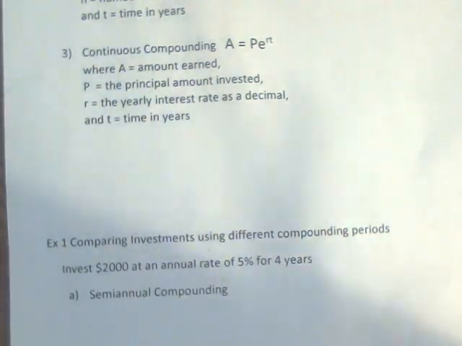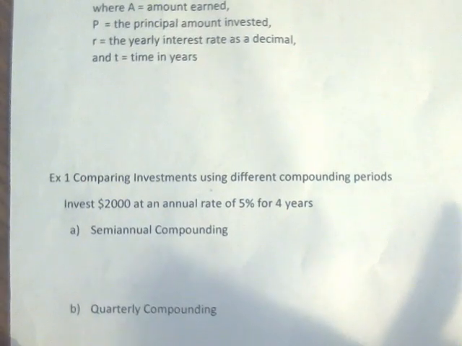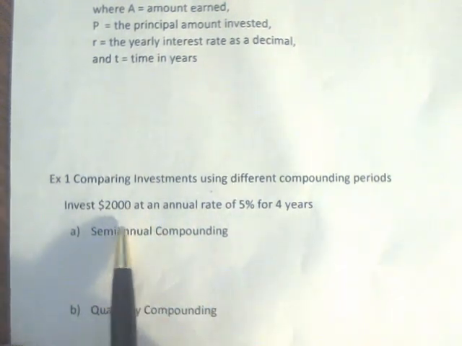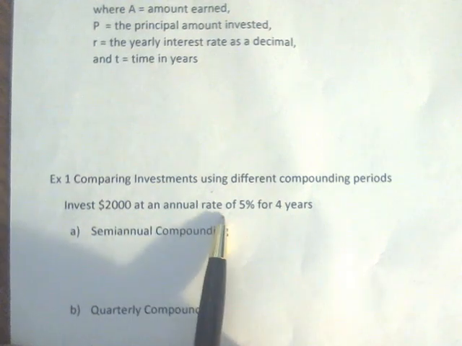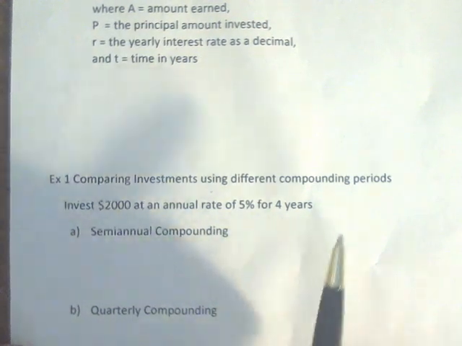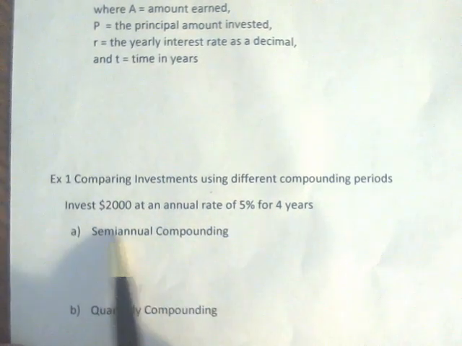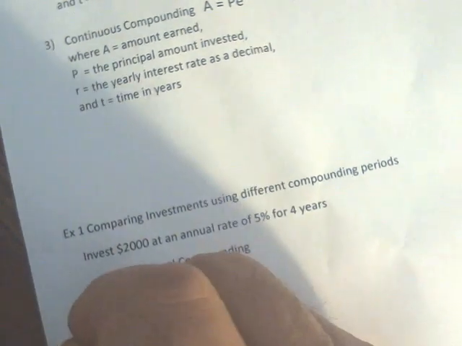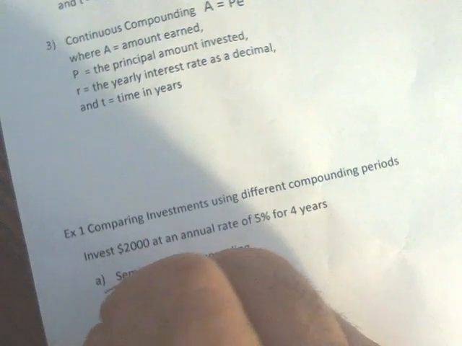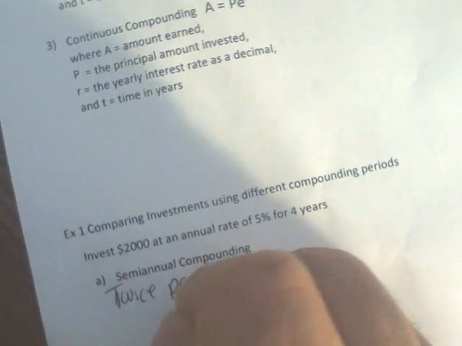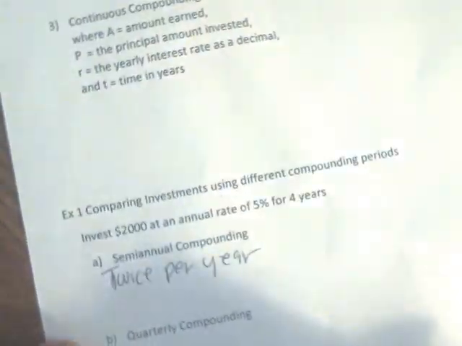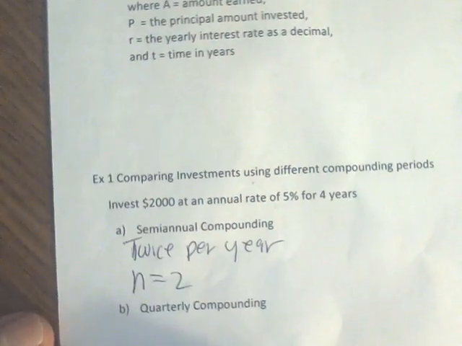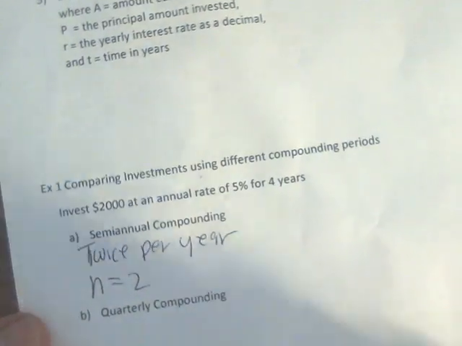Depending upon your calculator, things may have to be simplified more or less. Okay. So if we invest $2,000 at an annual rate of 5% for 4 years, first we're going to talk about semi-annual compounding. So this is twice per year. So in this case, N is 2, because N is the number of times compounded in a year.